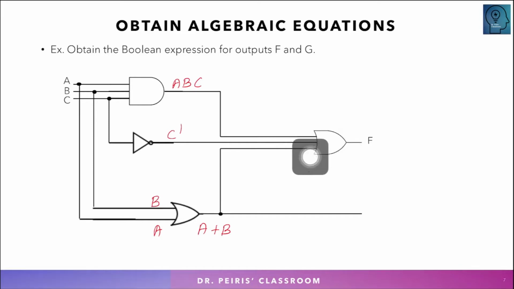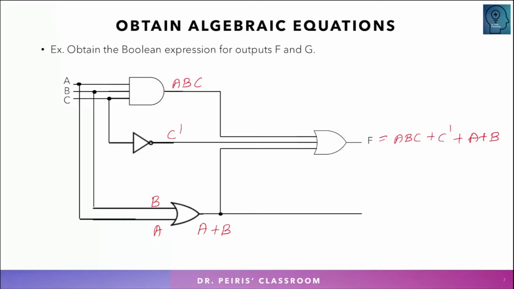So ABC, C prime and A or B are the inputs. So we can write it as ABC or C prime or (A or B).